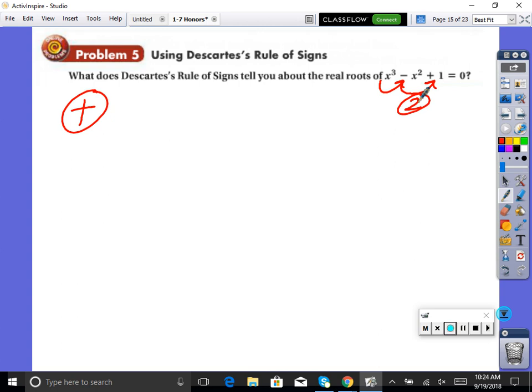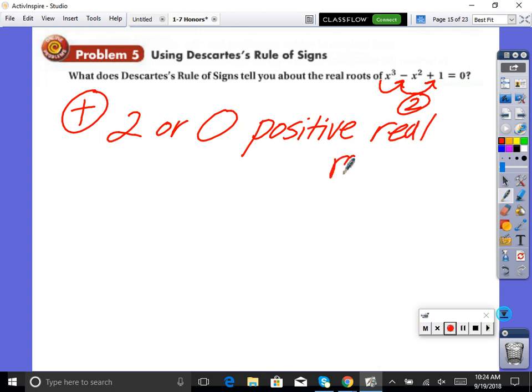So there is 2 or 0, it goes down in 2s, 2 or 0 positive real roots. So guys, if we were to graph this, it's either going to cross 2 times or 0 times over here. You guys understand? That's the positive x-axis. Okay?